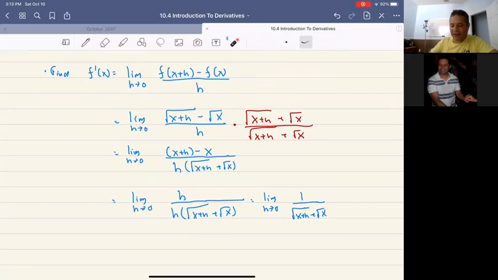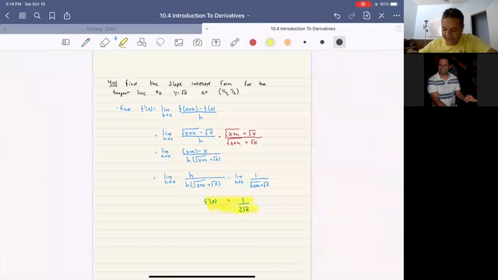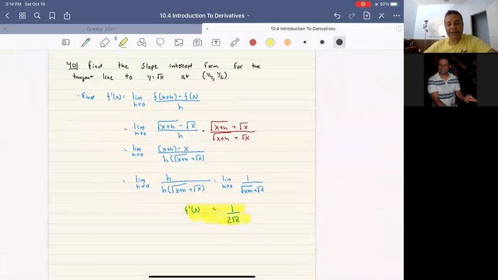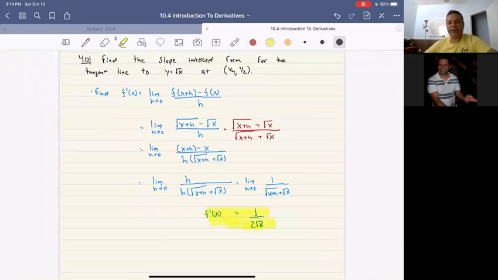That's just 2 square root of x in the denominator. Okay. All right. So that is our derivative. Now, let's go ahead and take that. We're going to use that to find the equation for the tangent line.